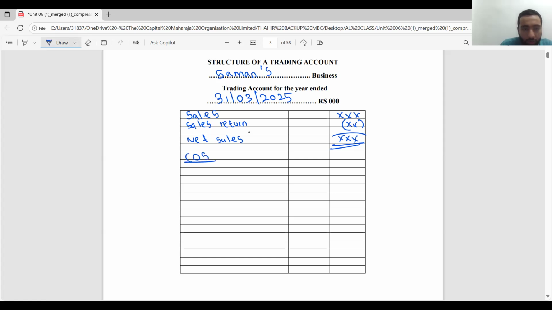We are going to calculate the cost of sales. You put the opening stock first. You put plus purchases.